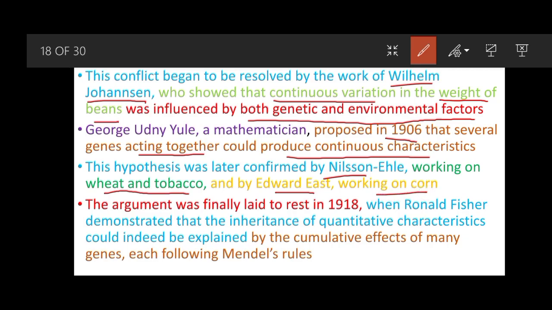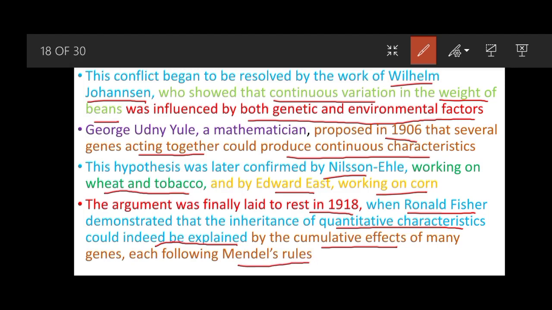The argument was finally laid to rest in 1918 when Ronald Fisher demonstrated that the inheritance of quantitative characteristics could indeed be explained by the cumulative effect of many genes, each following Mendel's rules.